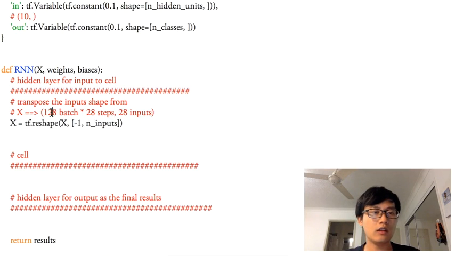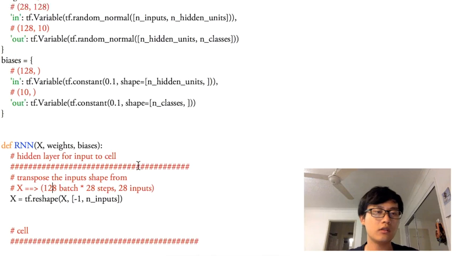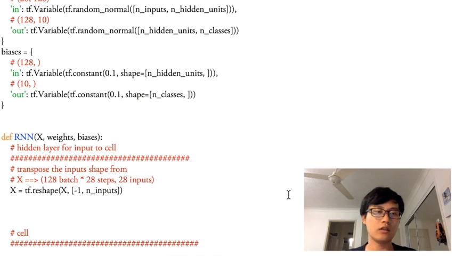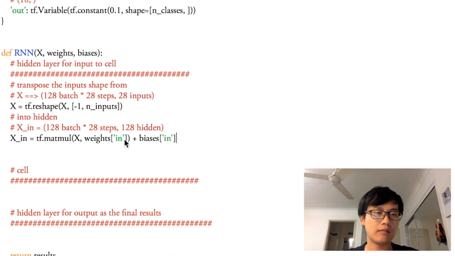So the x in here is batch size, n_step, n_input. We reshape the 3D into 128 batch times 28 steps. This is the first dimension, and this is the second dimension, 28 inputs. After that, we can multiply by the weight matrix, because this is 2D and this is 2D.